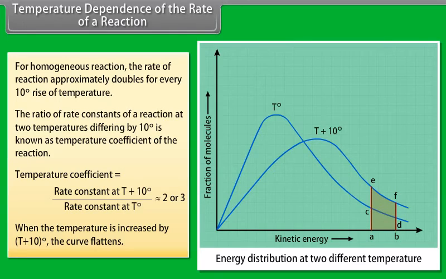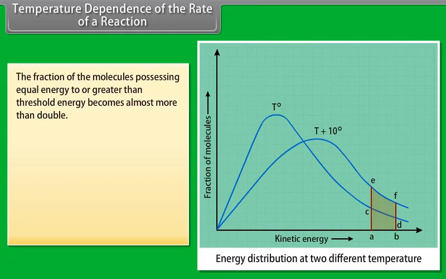It can be written as t half is equal to 0.693 divided by K. Hence, the half-life period for first-order reaction does not depend upon the initial concentration of the reactants.